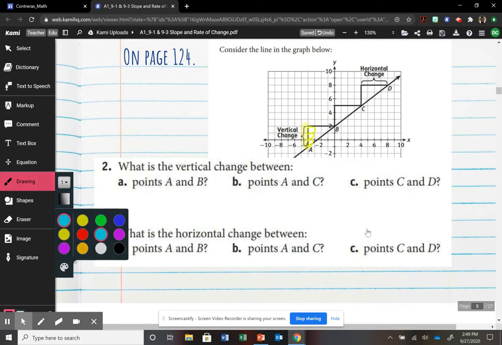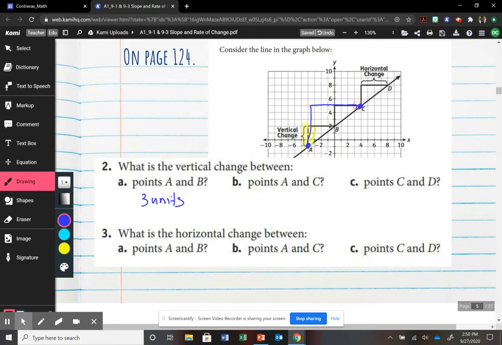So here I can say 3 units. Okay, what about points A and C? So here we have point A, here we have point C, and how many units? So from here, see how I connect them like that? So there we go. So we count 1, 2, 3, 4, 5, 6. So this is 6 units vertical change.